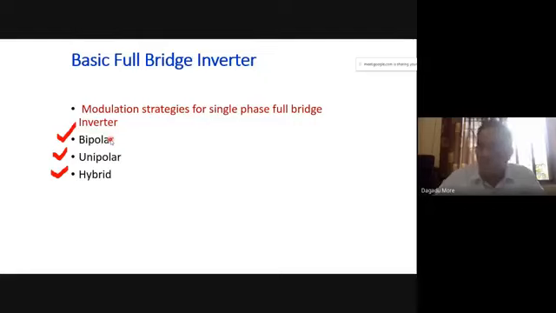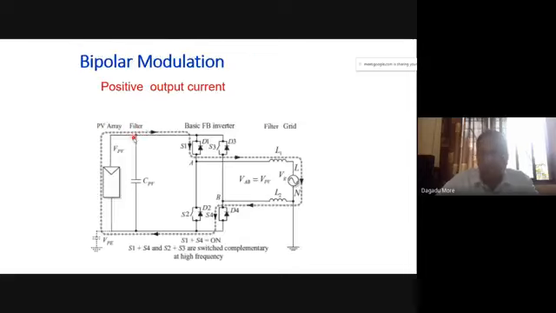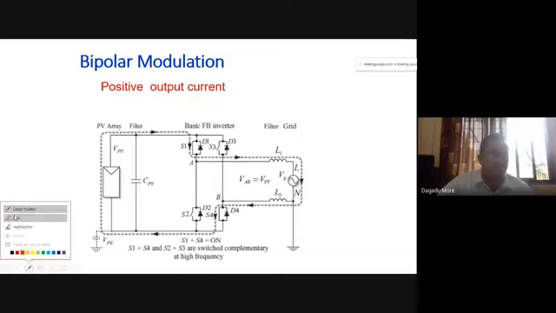Two cross switches are on simultaneously, and based on that, what will be the path of current flow? Let us assume a positive output current. What is meant by positive output current? Our current is flowing in this direction from the upper side.